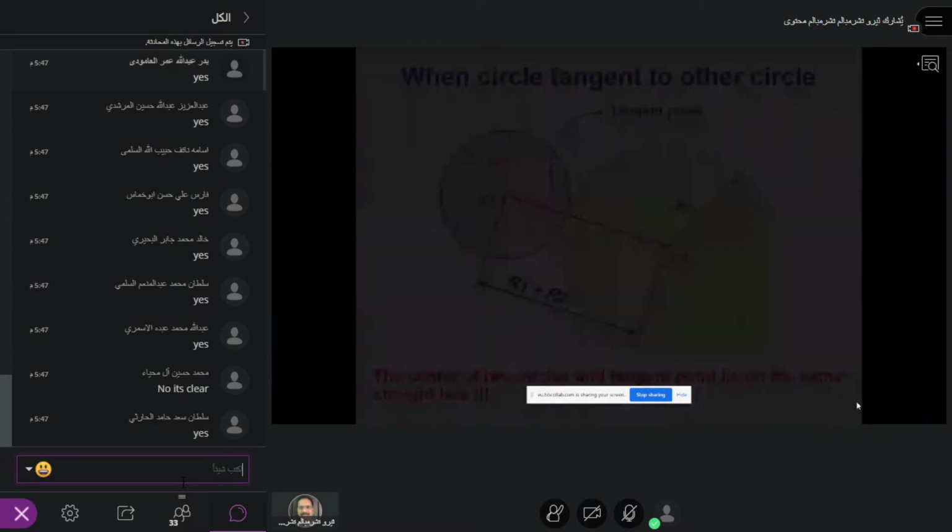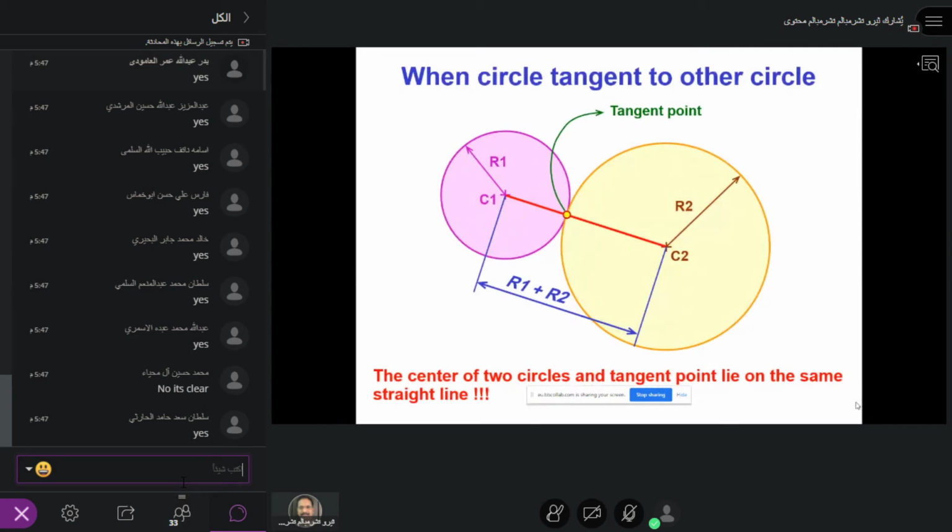Okay. All right. So the next one is when the circle is tangent to another circle. That means this is very important, especially in the gearbox.